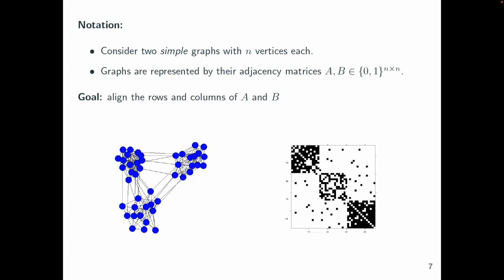So basically, if I have a graph like this, each row and column of this matrix is going to be associated to one of the vertices, and there's going to be a 1 when the two vertices are connected and 0 otherwise. And the goal, once we convert everything into matrices, is to align the rows and columns of A and B in such a way that we recover some sort of correspondence between the vertices of the two graphs. So that's the general problem.